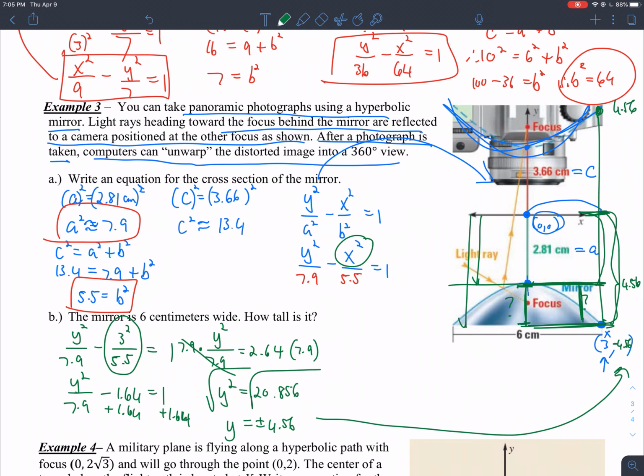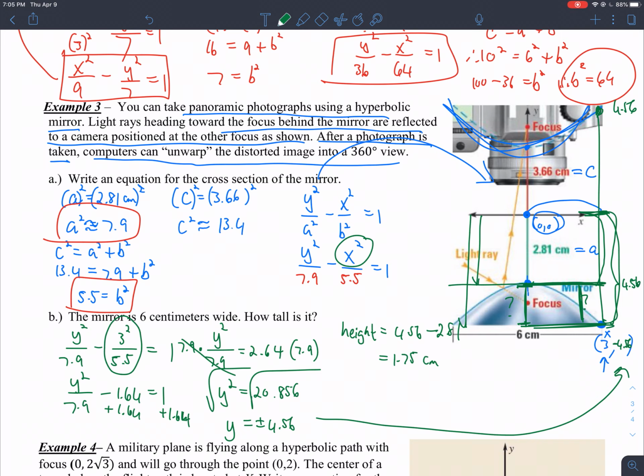So I'm going to do that. How tall is it? Let's say the height is 4.56 minus 2.81, which is 1.75 centimeters.